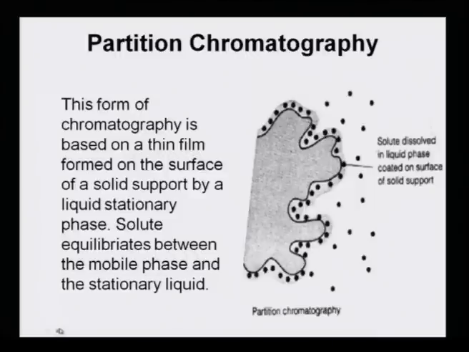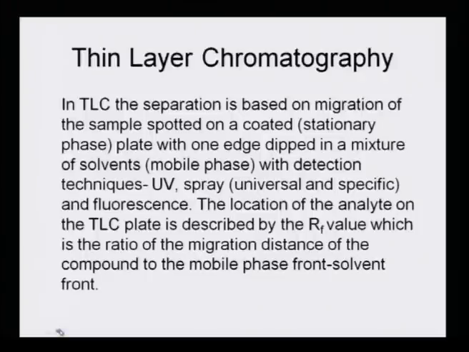The solute equilibrates between the mobile phase and the stationary phase, as the picture shows, that there is a solute dissolved in the liquid phase and there is a coating on the surface of the solid support. So, this depicts the partition chromatography.